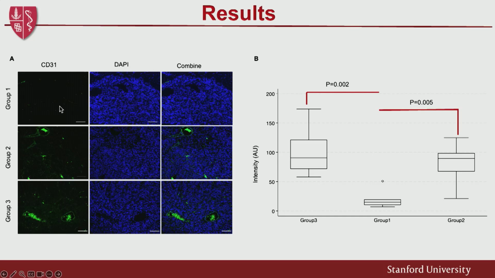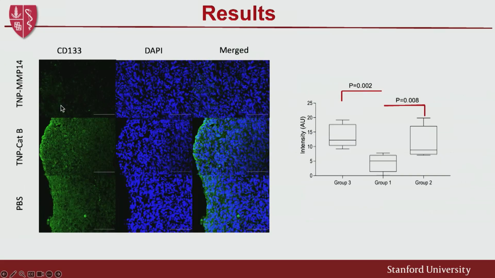We saw the reduction in the combination group therapy, and also for CD133, which is a marker for glioblastoma initiating cells. We had reduction in the fluorescence, which means the combination therapy treatment was more effective. All in all, we can say the combination therapy is more effective than monotherapy in the treatment of glioblastoma.